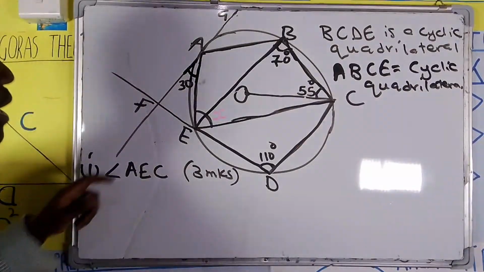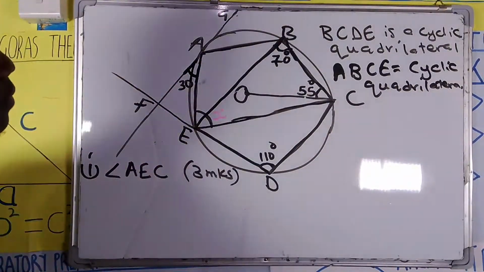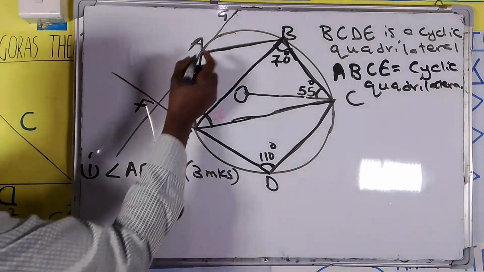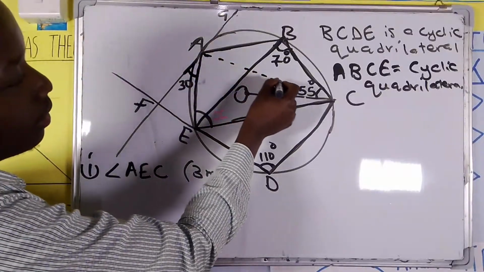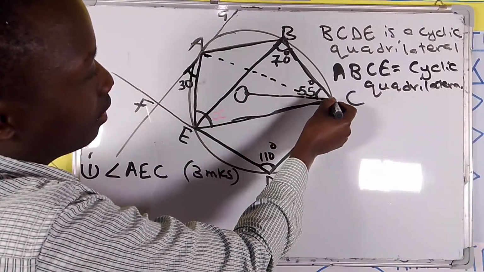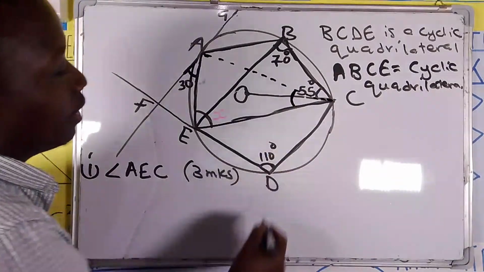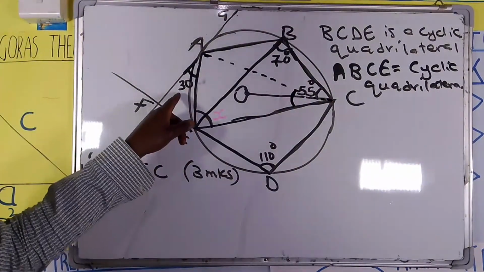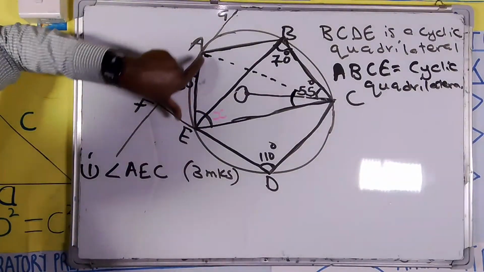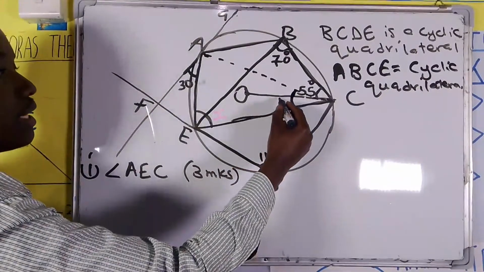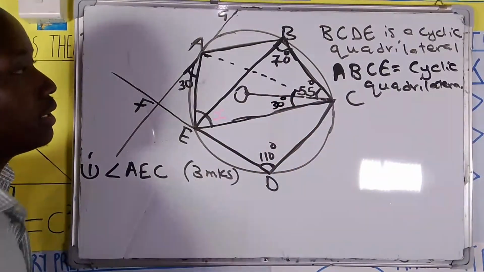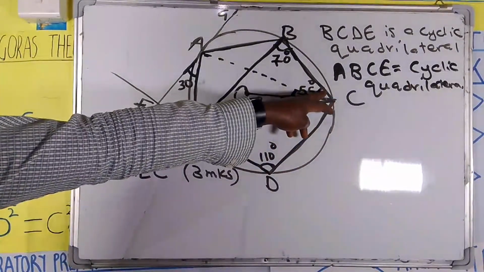The whole angle of this is 30. So this angle, if we can break here, it is going to be lying on an alternate segment with this one, 30, because it is like this. So this one here is going to be 30 degrees. The whole of this one is 55.